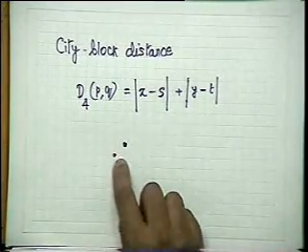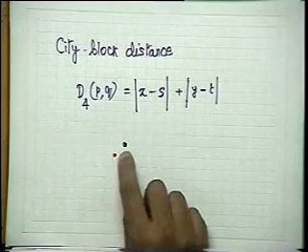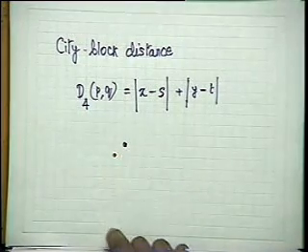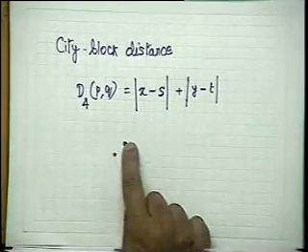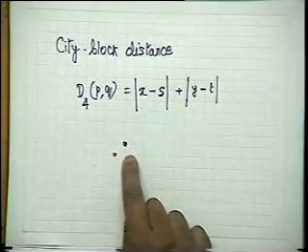The Euclidean distance between this red pixel and this green pixel is equal to root 2, okay, because each grid is of unit size. But what is going to be the city block distance between this red and this green pixel according to this definition? It is equal to 2.